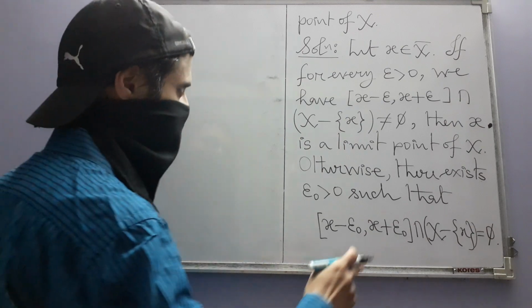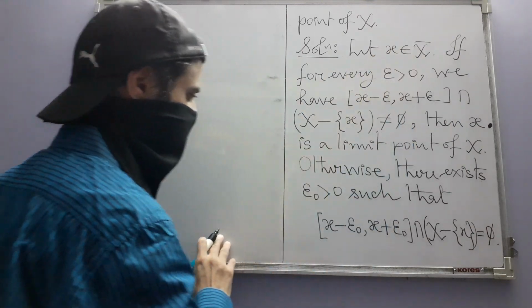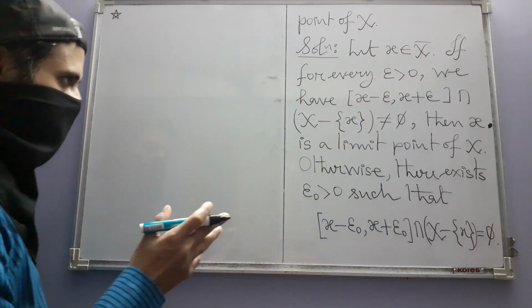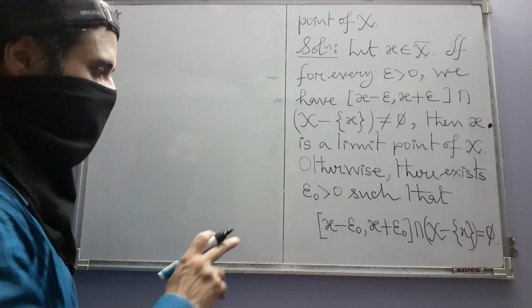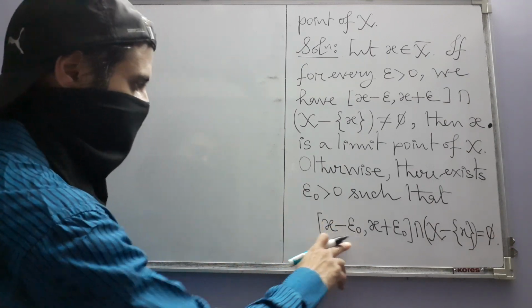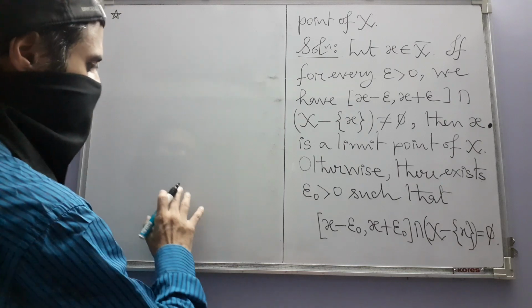But at the same time, x also is an adherent point of X. So if we apply the definition of adherent points for this epsilon naught, we get another similar thing.